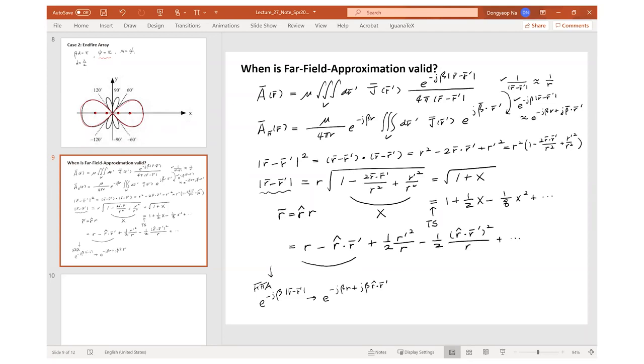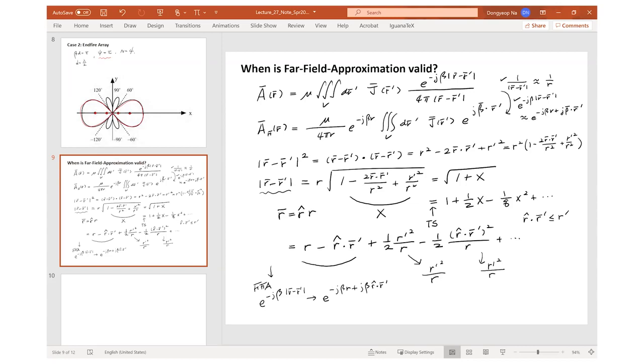Okay, so we can ignore the higher order terms as long as the order of these terms, which is r dash squared over r, is small. Also, r hat dot r dash is always less than r dash, so it is also of the order r dash squared over r.